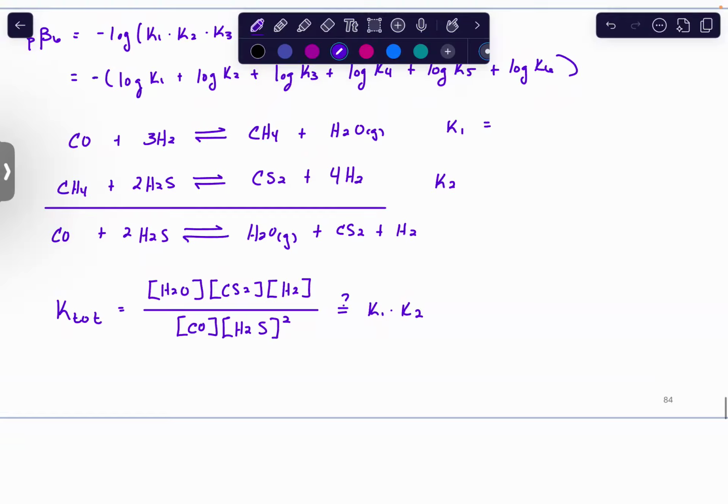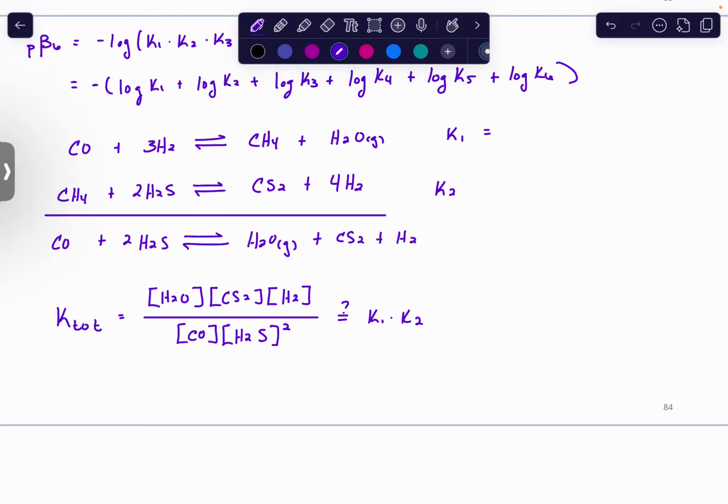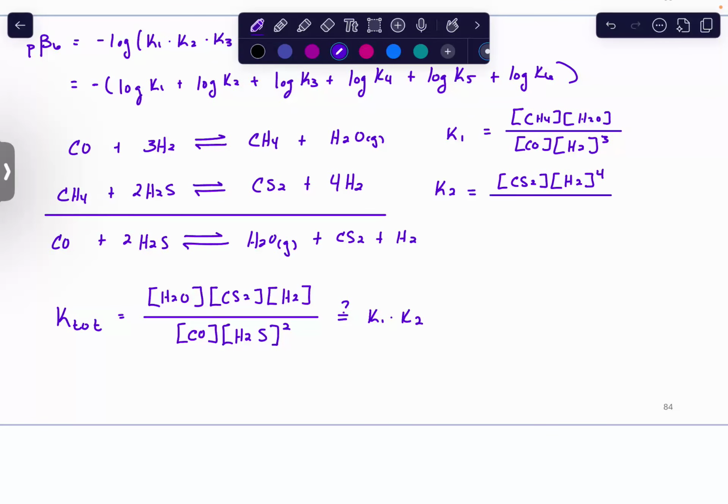So K1 is going to be CH4 cubed. Okay, K2. That was H2 to the fourth.